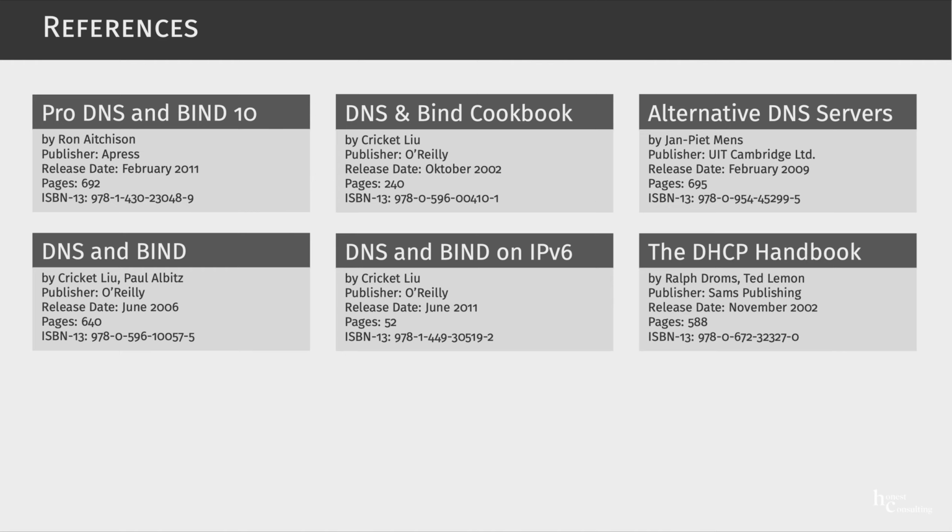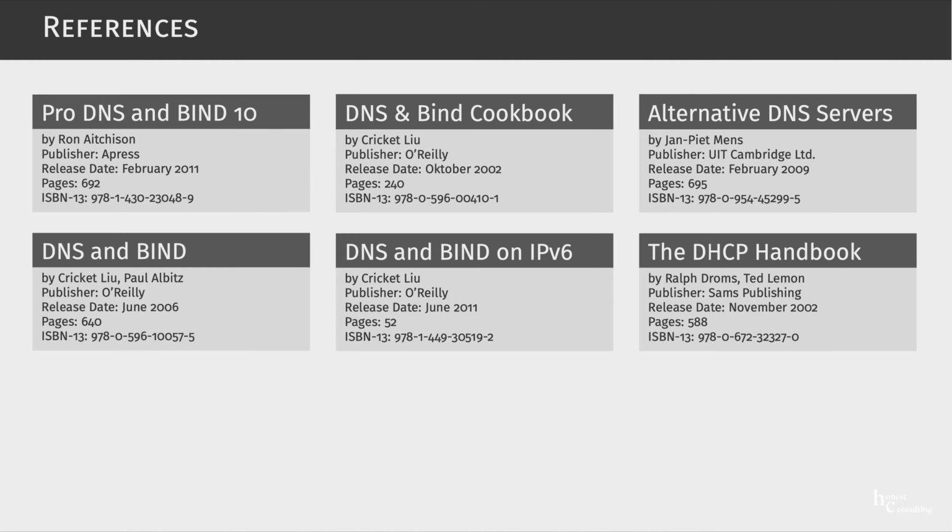JP Menz wrote a nice book about alternative DNS servers. So it's a book that covers things like PowerDNS and Unbound and all these other implementations out there. But he also describes a lot of fundamentals about DNS itself.